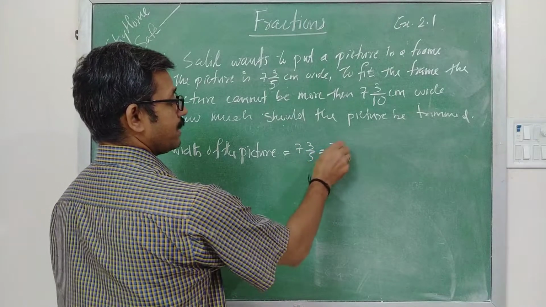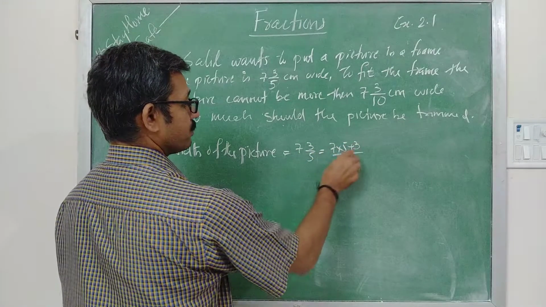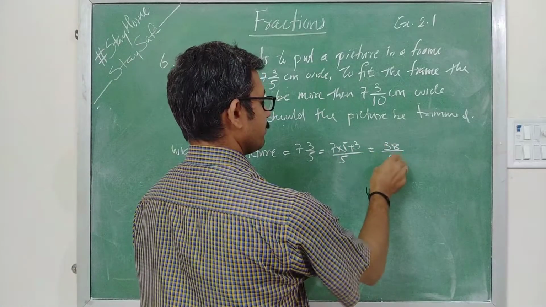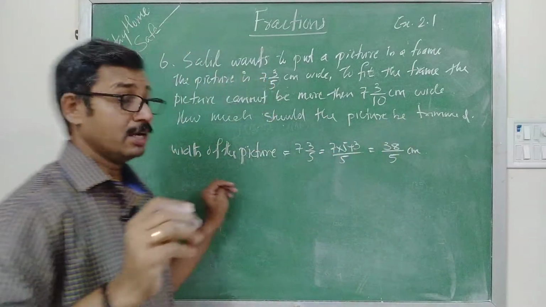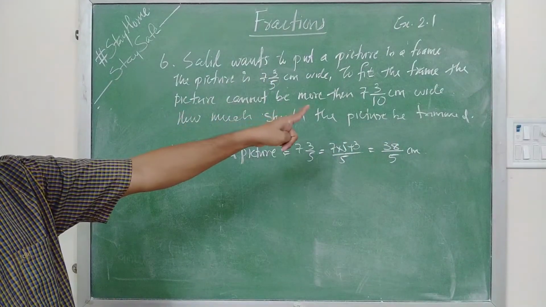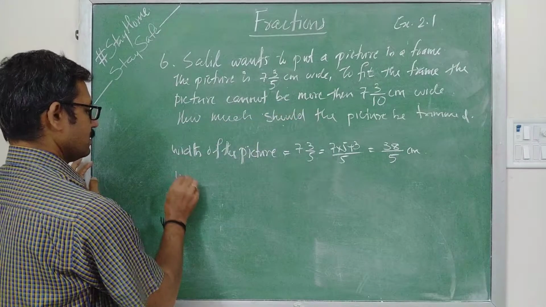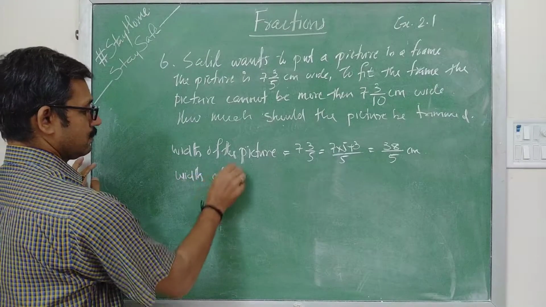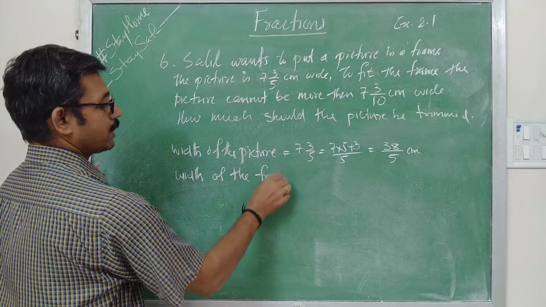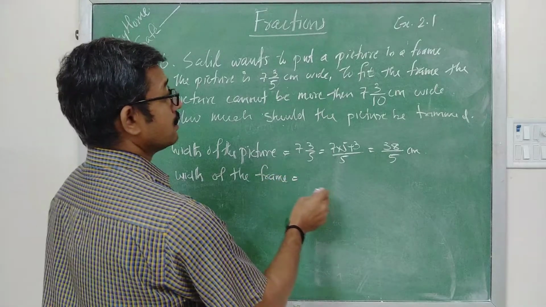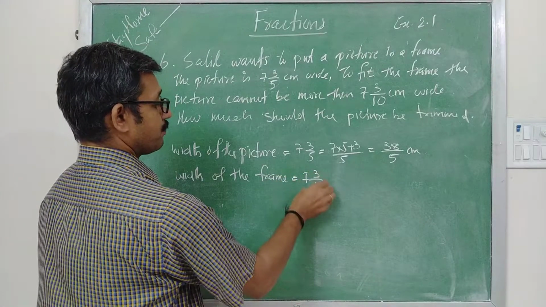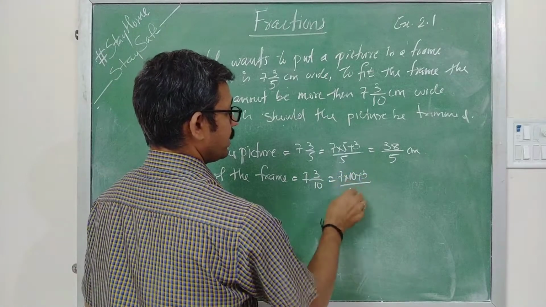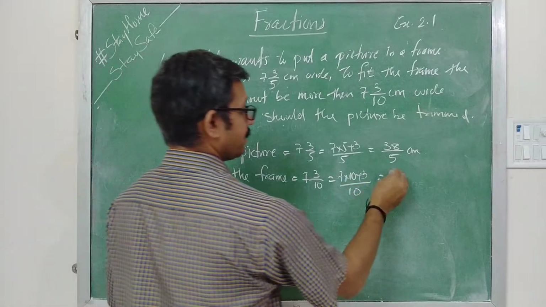That means 7 into 5 plus 3 upon 5, that is 35 plus 3, 38 upon 5 centimeter. Now the width of the picture cannot be more than the width of the frame. What is the width of the frame? It is 7 integer 3 upon 10, which is equal to 7 into 10 plus 3 upon 10, so 70 plus 3 is 73 upon 10.